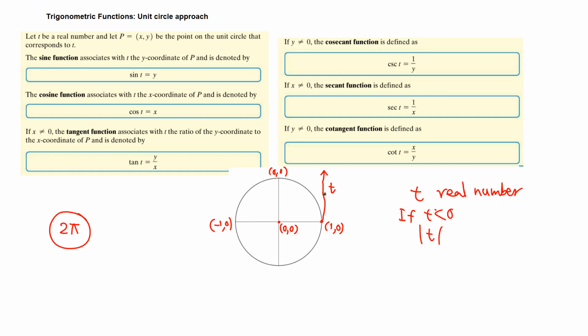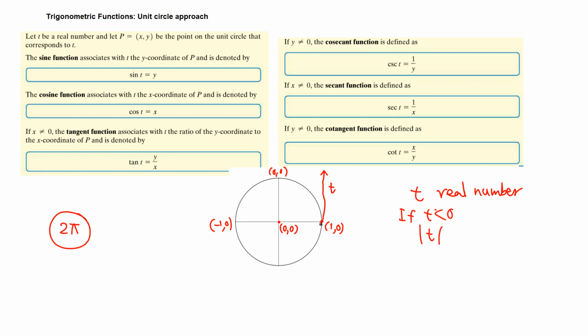And now we want to represent this t on the circumference of this unit circle. If the length of this t is bigger than 2 pi, then we have to go around more than once, because the whole length is 2 pi. So if this is bigger than 2 pi, then we have to wrap twice or 3 times or 1.5, anything.